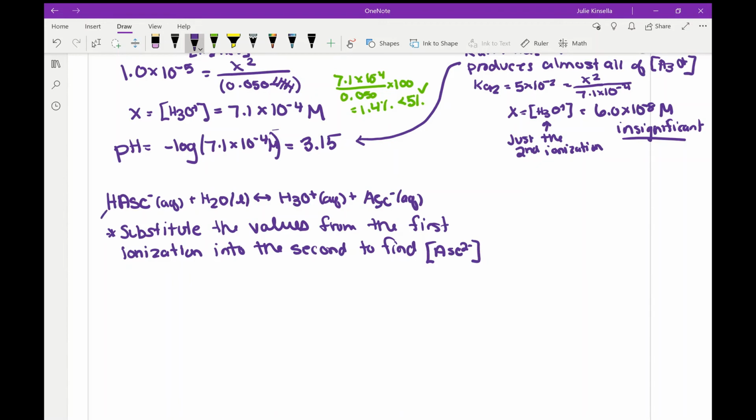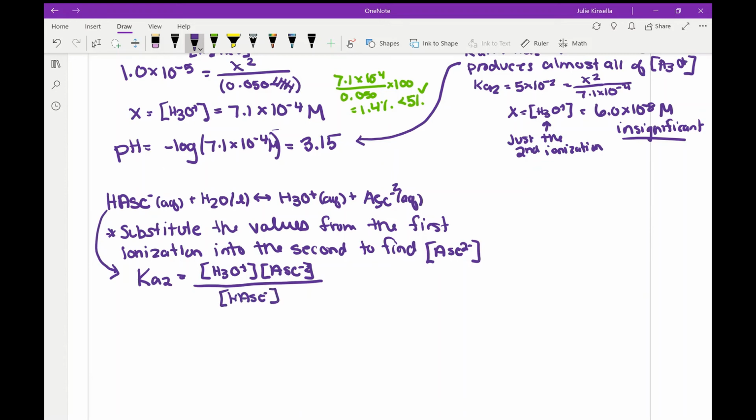So if we use the equation that we wrote out, which signifies that second ionization, we'll have the Ka2 is equal to that hydronium ion concentration times ASC, that should be negative 2 there, and that should be negative 2, sorry, I didn't catch that. So just make sure you fix that on yours, over the HASC ion concentration.